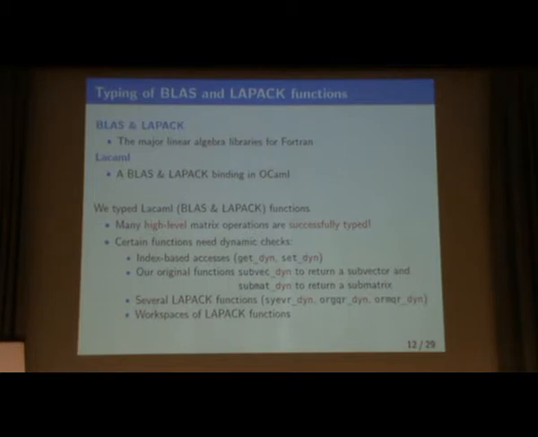And for those workspace allocations, we needed some size checking because a workspace needs a certain size depending on the argument. And we avoided doing complex type-level calculation. So instead, we just adopted dynamic checks. But except for these functions, which are explicitly suffixed by dyn, all the other BLAS and LAPACK functions are statically size checked.